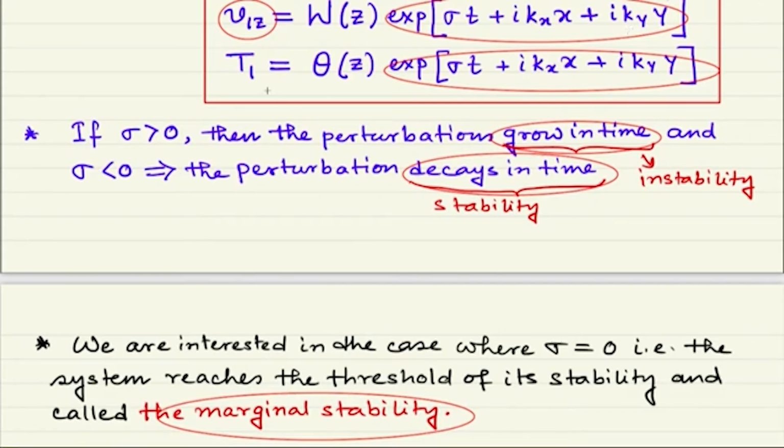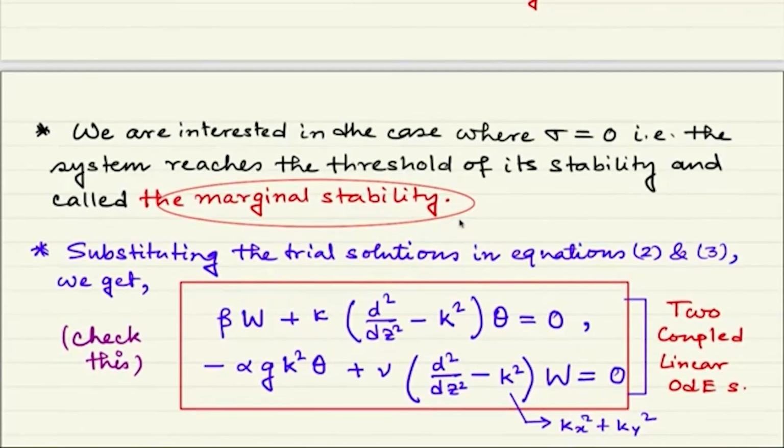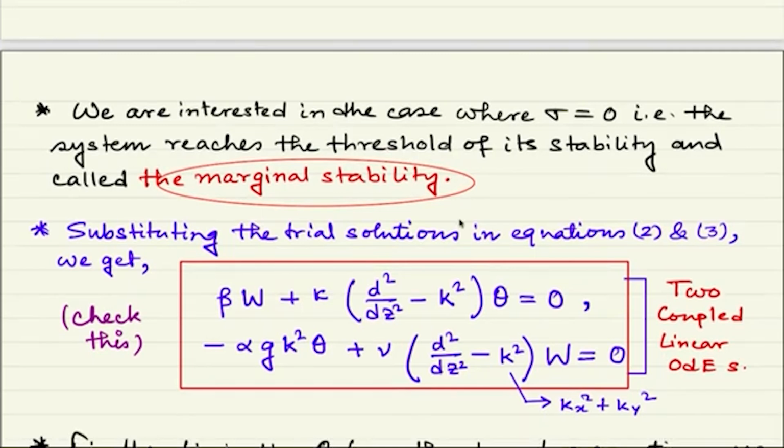On the other hand, if your system is oscillatory but has a decaying time dependence, then this oscillatory behavior will also decay in time, giving you the original state, which was the static hydrostatic equilibrium state, the steady initial state.